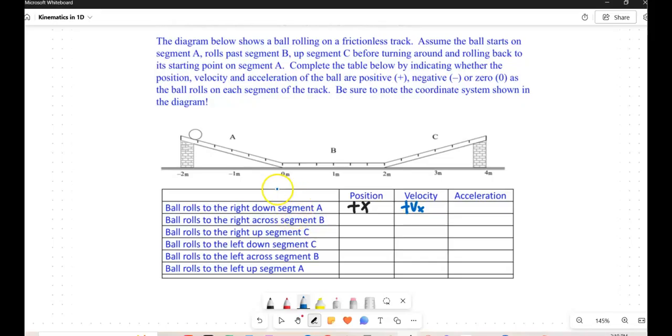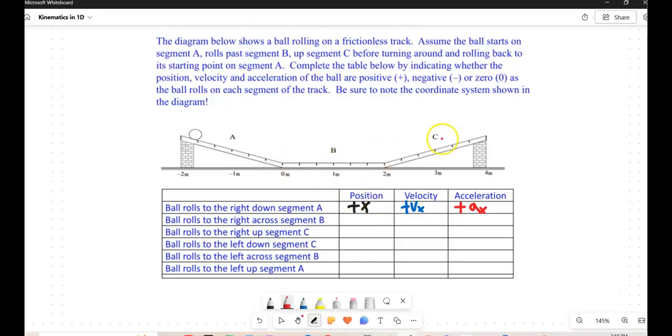Now, what are you doing? Speeding up, slowing down, or constant velocity as you're rolling down the ramp? Well, you'd have to be speeding up. And if that's true, something is pushing you down the ramp as you're moving down the ramp.